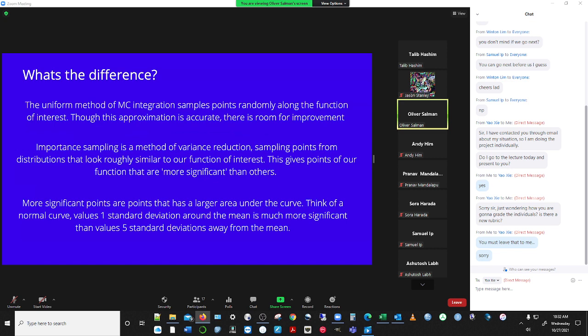This gives points of our function that are more significant than others. As I said before, more significant points are points that have a larger area under the curve. Think of a normal curve. Values one standard deviation away from the mean are much more significant than five standard deviations away from the mean.